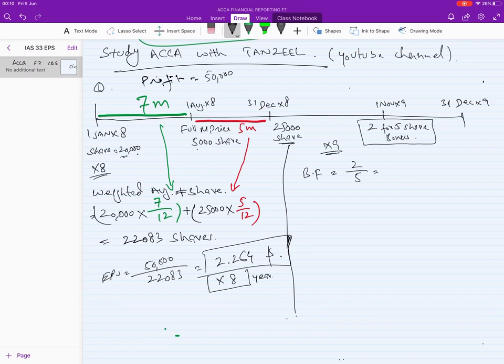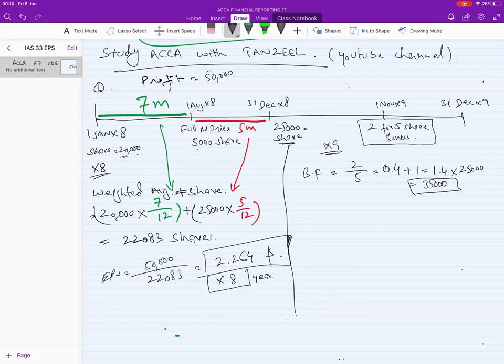So 2 divided by 5 is equal to 0.4. Just add 1 on top of it, so 1.4. If you multiply this with the number of shares, the adjustment will be done automatically. So 1.4 multiplied by 25,000 means you will have 35,000 shares now.